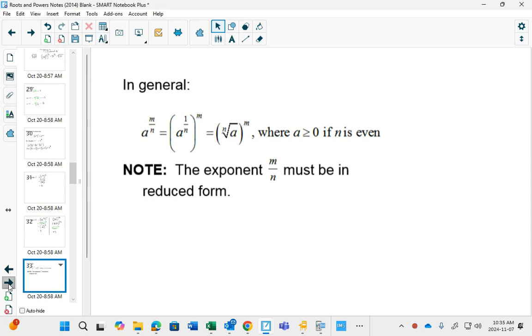And if n is an even number, you cannot square root negatives, you cannot 4th root negatives, you cannot 6th root negatives. These are all things that are not allowed. Here we've got some mathematical controversy coming up.